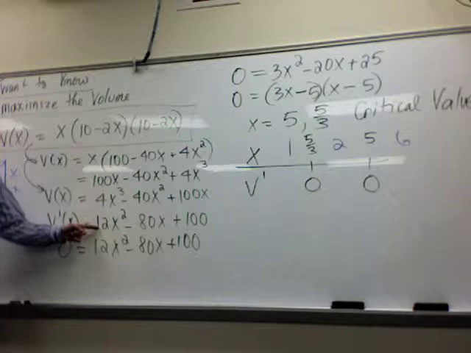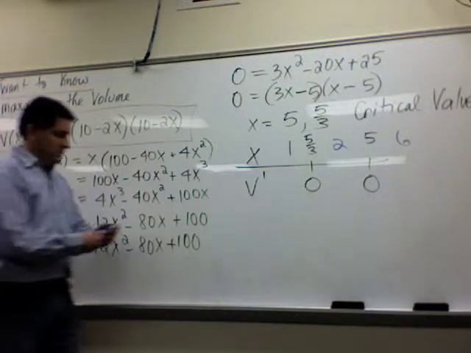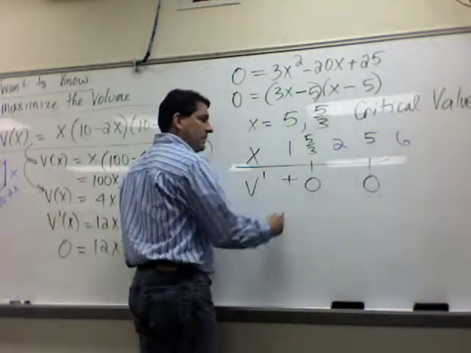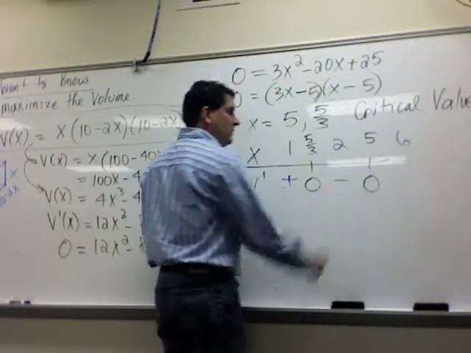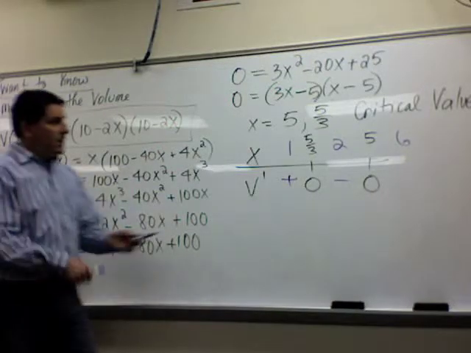If I plug in a 1 in here, what am I going to get? Say it again. I'm going to get a positive. Plug in a 2. I get a negative.